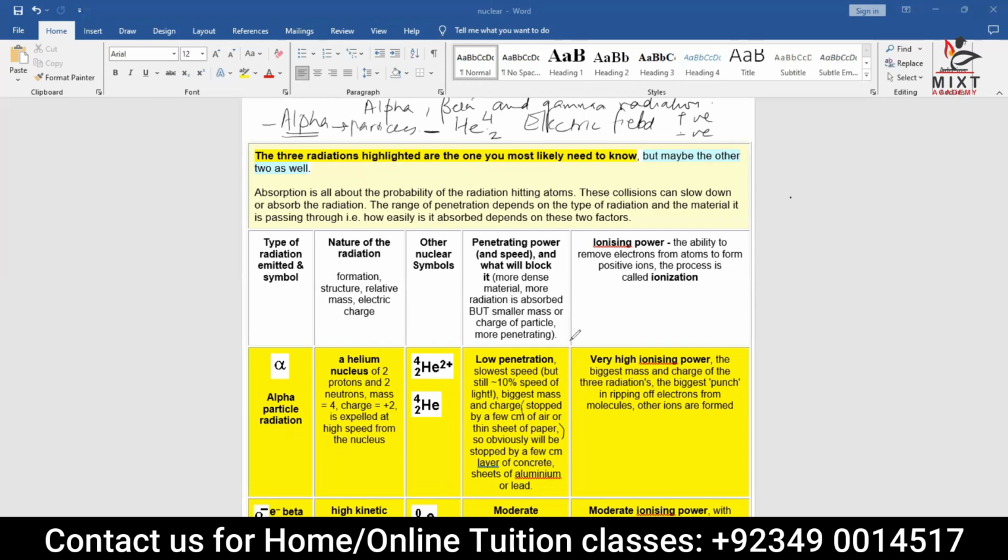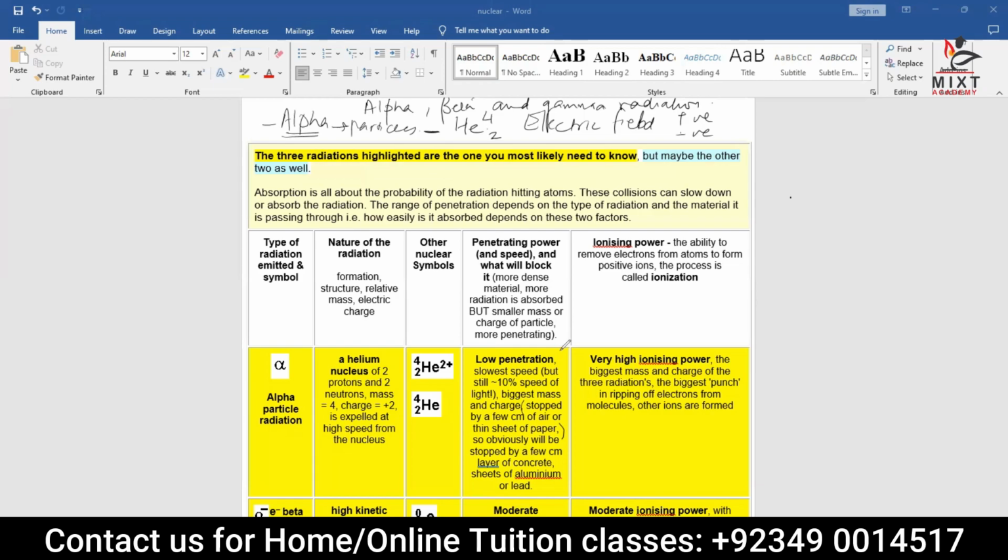Now continue with that, but leave a bit of distance of two or three words. Alpha particles being the largest in mass and charge have the highest ionizing power as compared to beta and gamma radiations. Continue further.